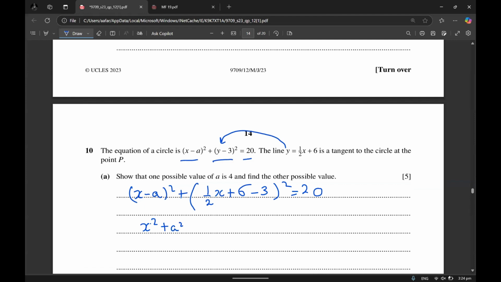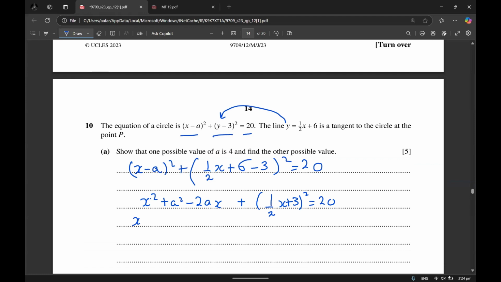x minus a square plus half x plus 6 square. So x square minus 2ax plus a square plus 1 over 4 x square plus 9 plus 3 over 2 into 3, right? 3x.